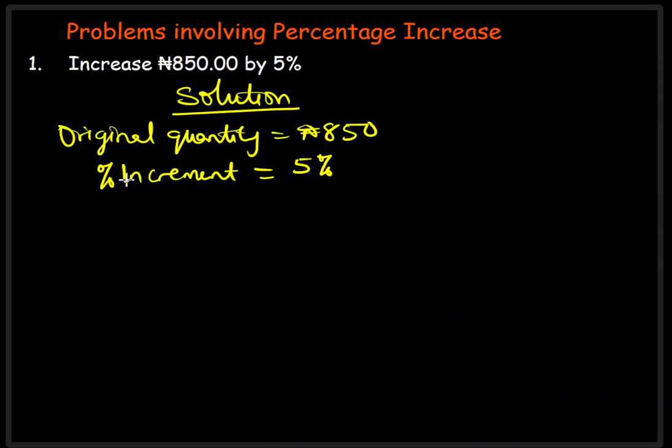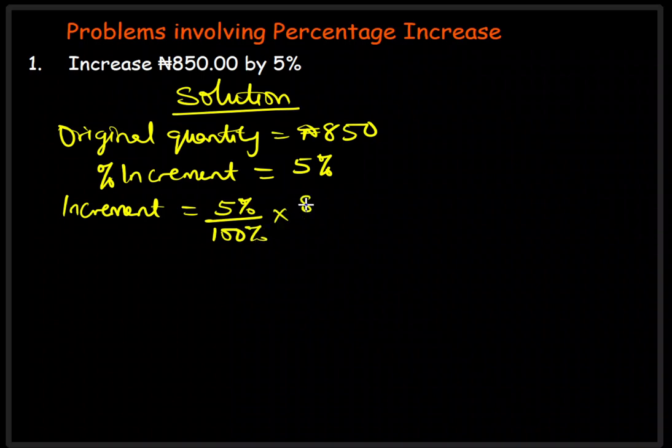First, we cannot add 850 plus 5%, no. So we need to change the percentage increment to a normal number first. Our increment equals 5% all over 100% times the original, which is 850.